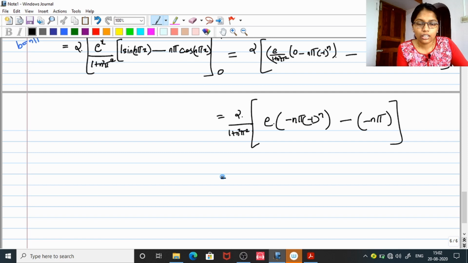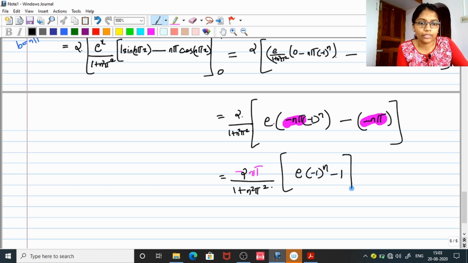So, it is 2 divided by, I think we can take negative n pi also outside. See, negative n pi here and also negative n pi there. So, we can take it outside. 2 into negative n pi is taken outside. We are left with e into negative 1 raised to n minus 1.